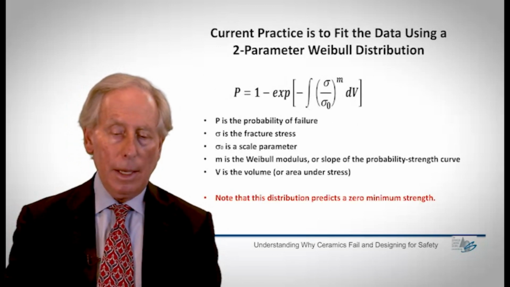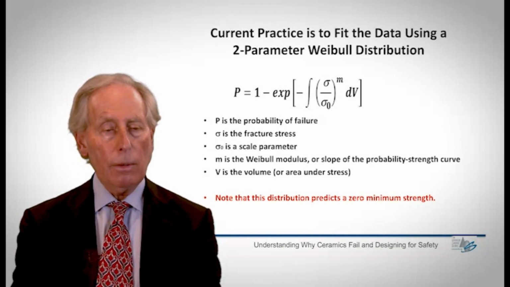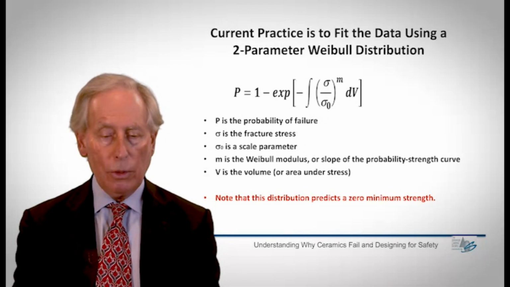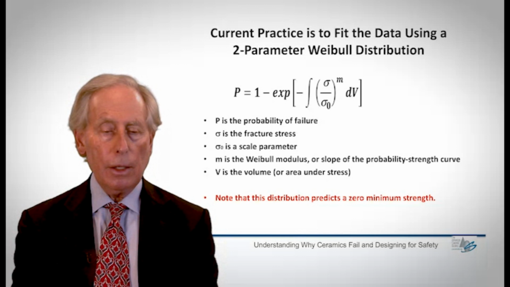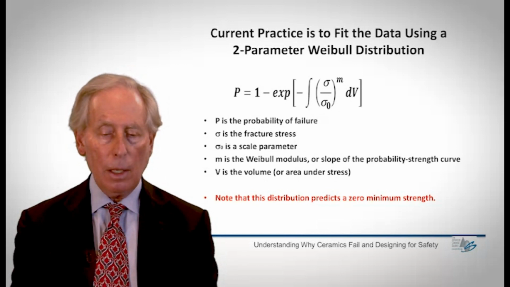I think many of you, or all of you who have ever dealt with statistical failure of ceramics, work with what is called a Weibull distribution. It's a statistical distribution that has been used for years based on what has been called weakest link theory, namely the idea being that the most severe flaw in the material causes failure, and so once that happens, the rest of the flaws are no longer applicable.